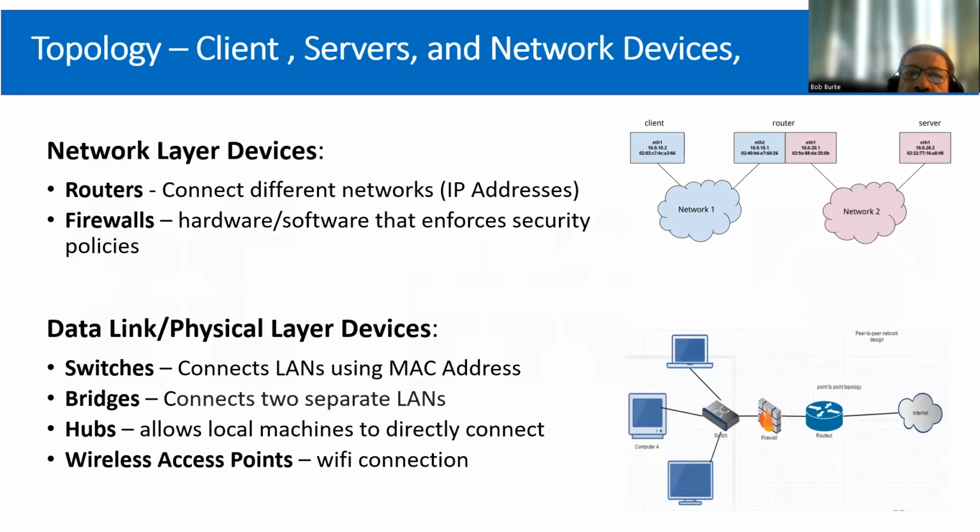Not going to go deep into other topologies, but to highlight a couple of the devices that are either in the layout or right behind the layout. Two we want to point out are routers and firewalls. Routers are the device that will connect one network to another network.